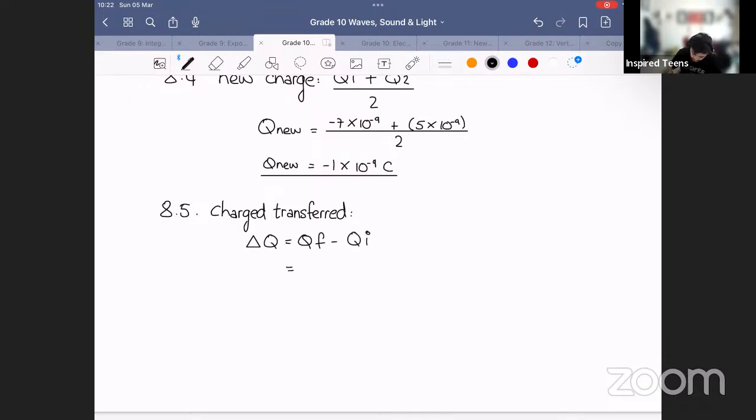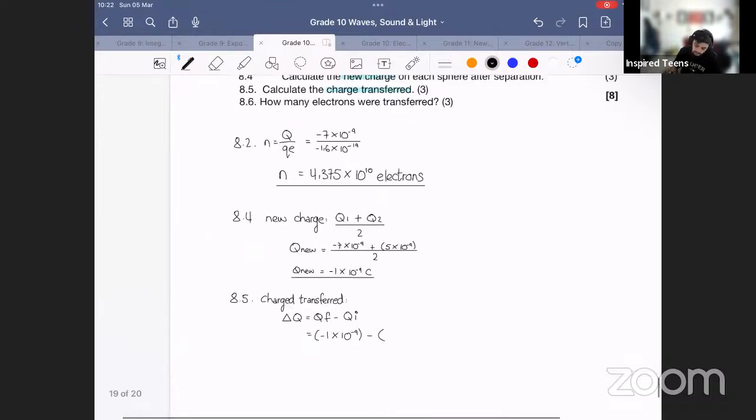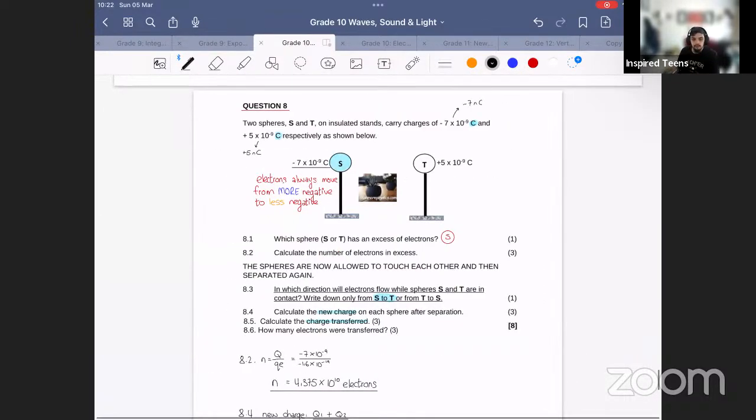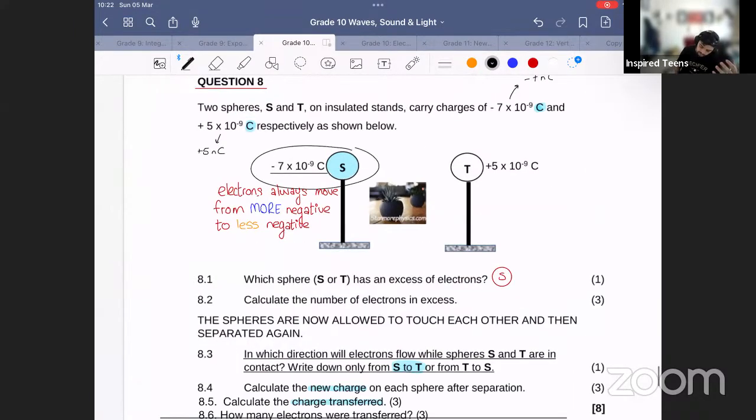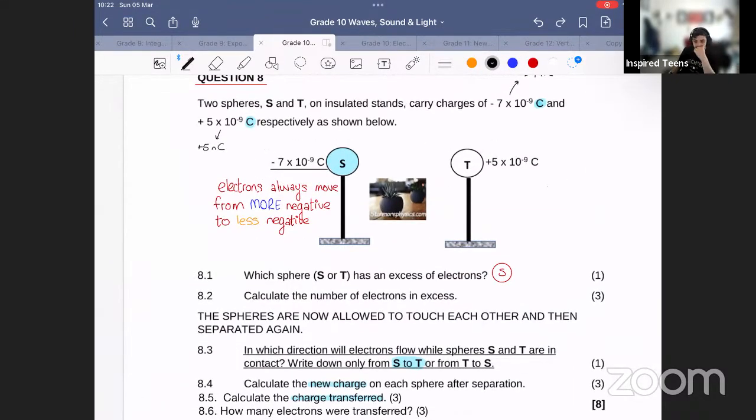So Q final we know is definitely -1 times 10 to the -9 minus Q initial. Now, Q initial is before they were made to touch. We have 2 options, right? We have 2 initials. Which one should I choose? Should I choose S's initial or should I choose T's initial?